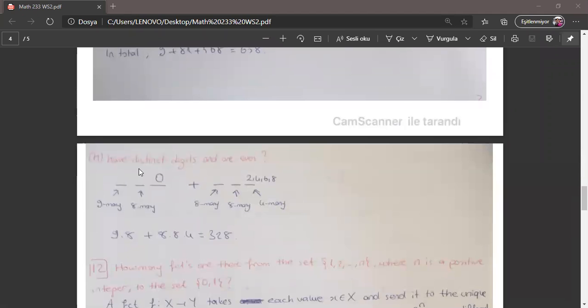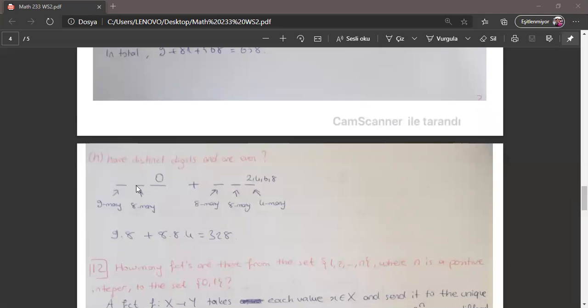Now we want to find the numbers between 0 and 1000, which have distinct digits and are even, okay? Now we have 2 cases to examine. If the last digit is 0, now what do we have? So again, for this one, from 1 to 9, we have 9 many choices.